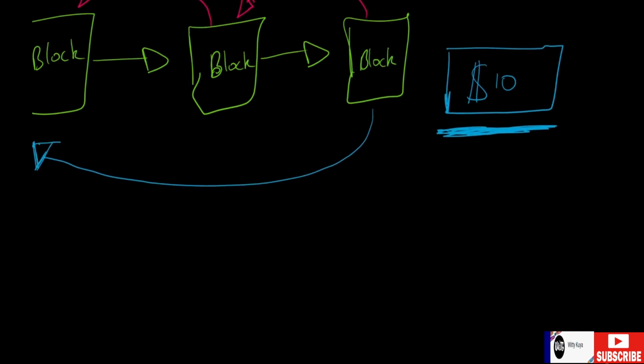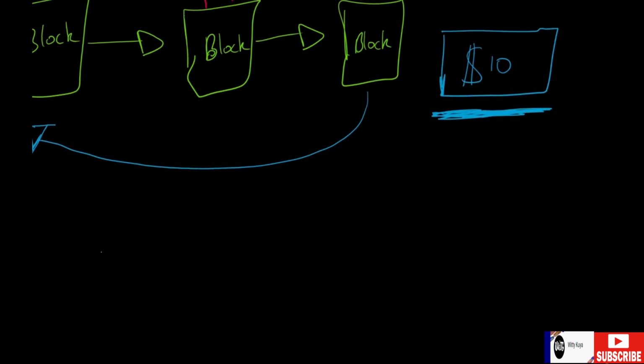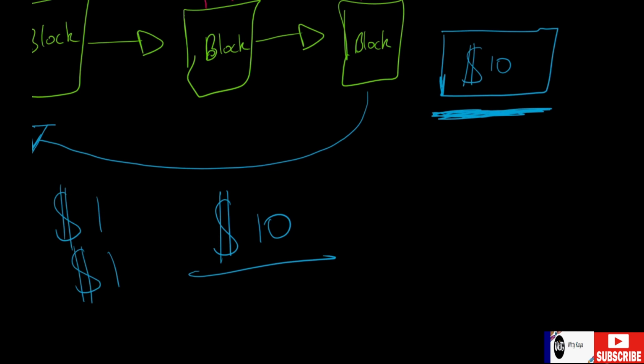And we can also see that it didn't initially start off as, let me just draw it a little better, it didn't initially start off as $10. It was a bunch of $1 transactions that eventually formed into $10.